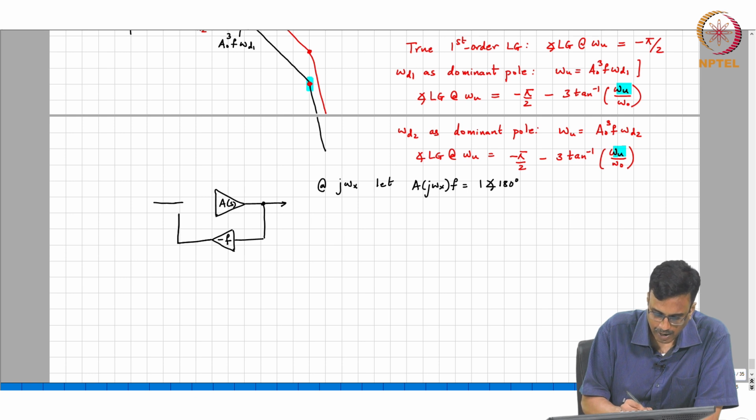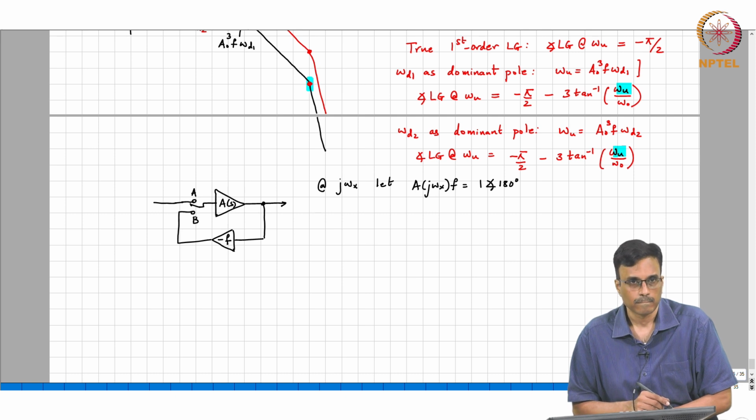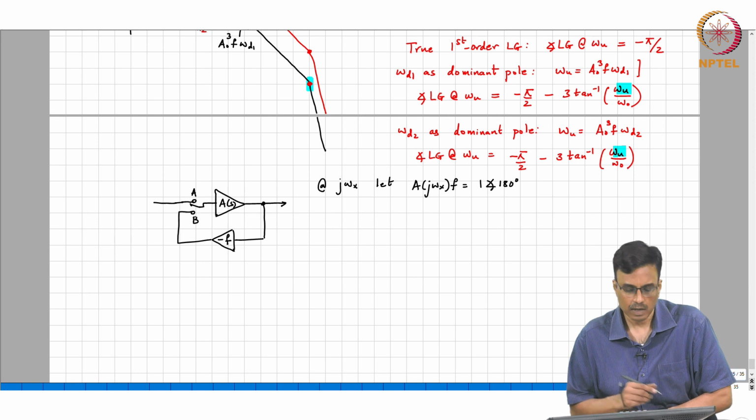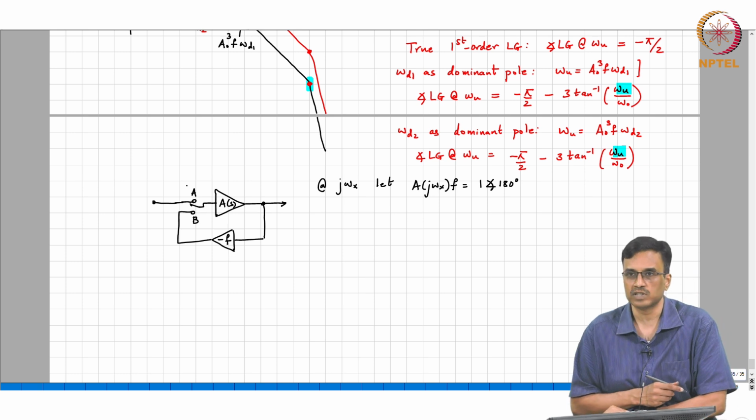And then I am going to have a switch here, which can be put to either A or B. Now let us say originally the system is in position A.